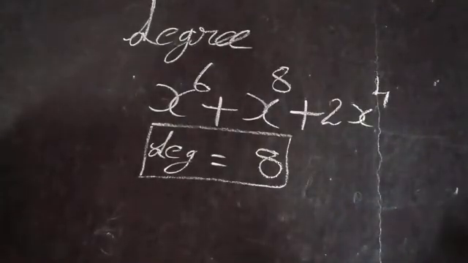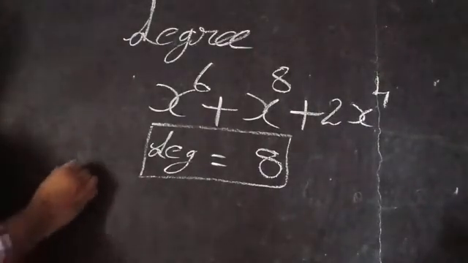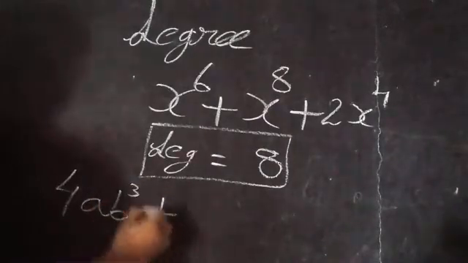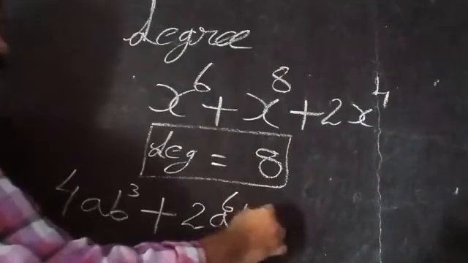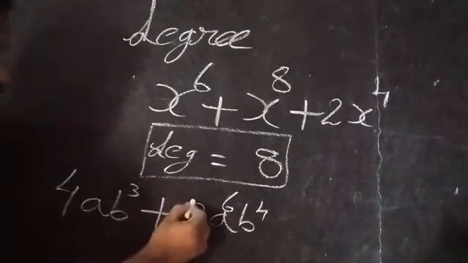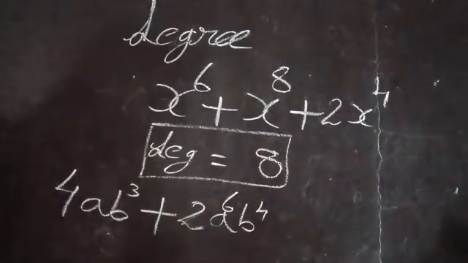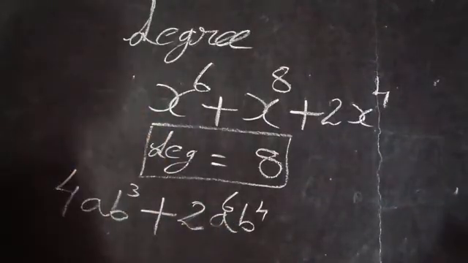Another example: 4ab cube plus 2a power 6 b power 4. Now we have to write the degree for this sum. The degree is not 6. Why?